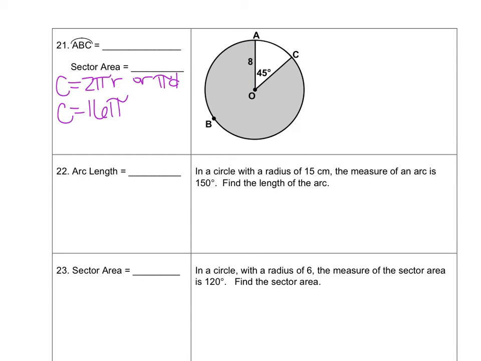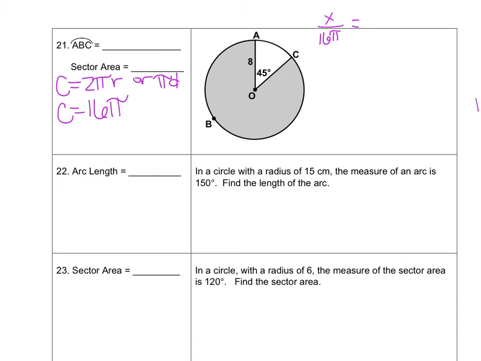Okay, let's set up that proportion first. So to find arc length, we're going to do x divided by, because we want arc length. We don't know what that is yet, so that is our variable. X divided by the circumference, which is 16 pi, equals the number of degrees we're working with. So if we know this little part is 45 degrees and it's a central angle, we're looking for the other part.